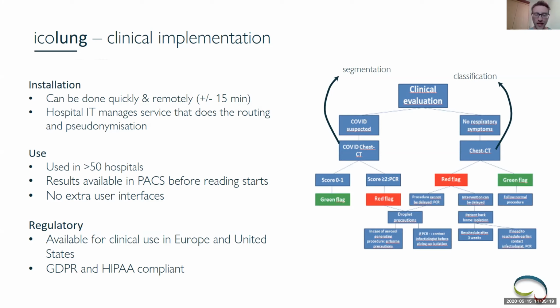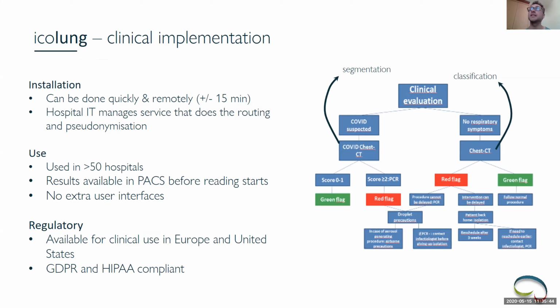So we not only have the GDPR in Europe, we have also similar legislation in the rest of the world. For example, there is the HIPAA law in the US. It's a bit less strict than the GDPR, but also there it's important to take security measures and to have legal control on the processing of the images.